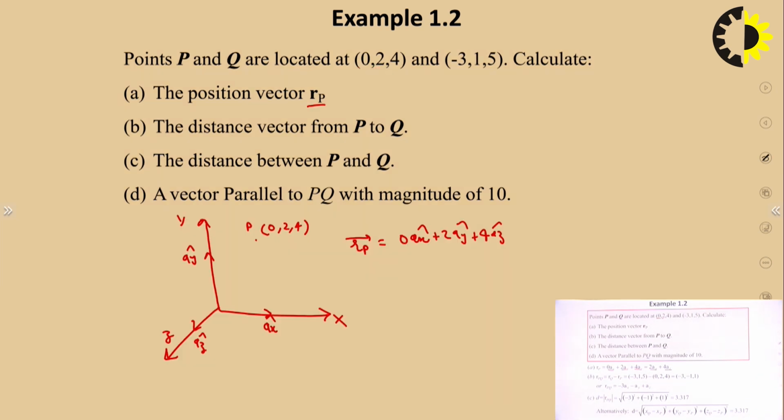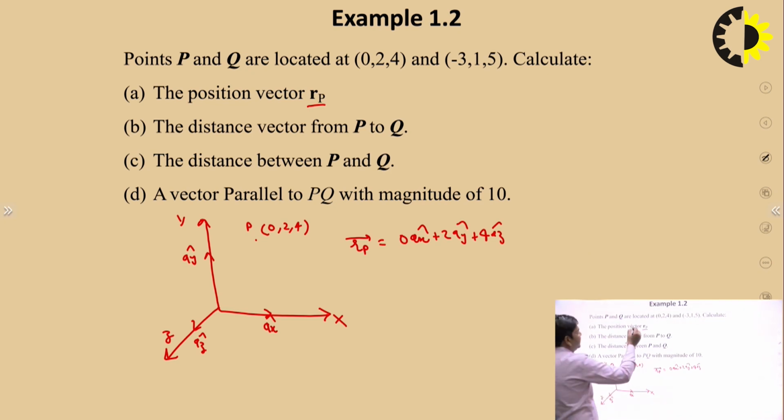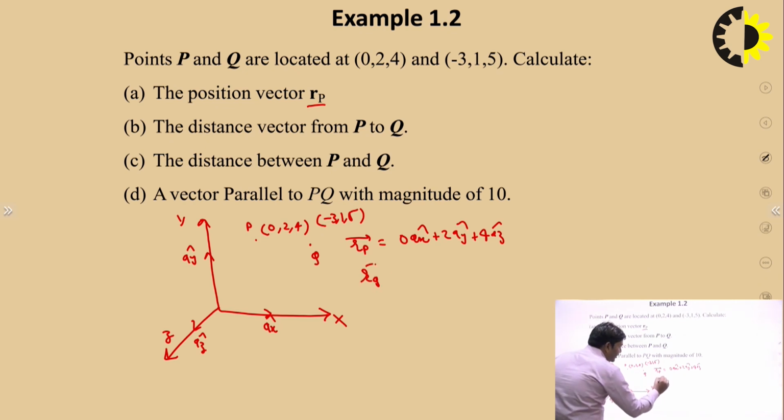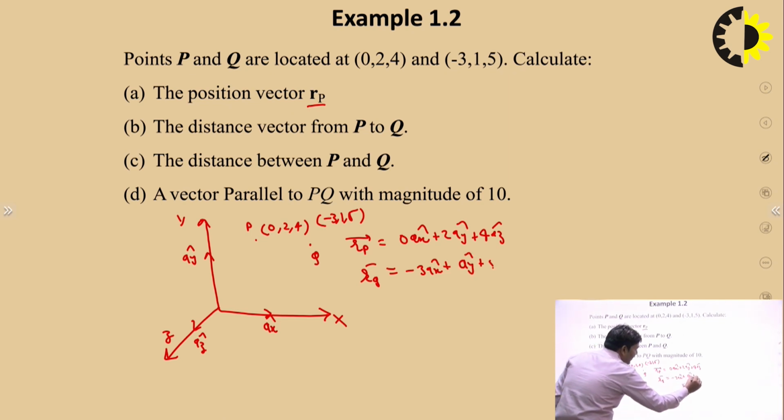And the distance vector P to Q, and another position vector is defined. Suppose the Q vector is defined as (-3, 1, 5). So the position vector RQ is minus 3ax plus ay plus 5az.